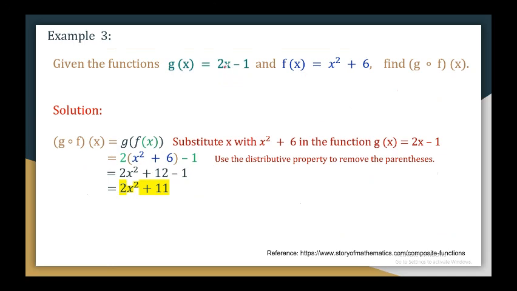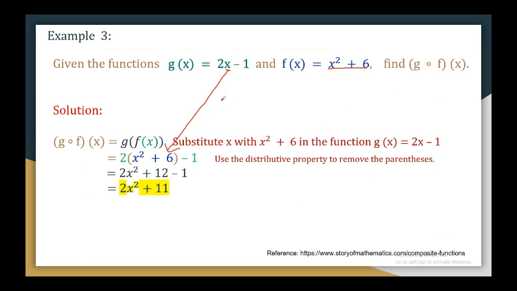So instead of writing here x, yung isulat natin is the value of f of x, which is x squared plus 6. So that's why we have now our g of x, which is 2x minus 1. Our x will be replaced by the value of the f of x, which is x squared plus 6. So we have 2 times the value of f of x, which is x squared plus 6.